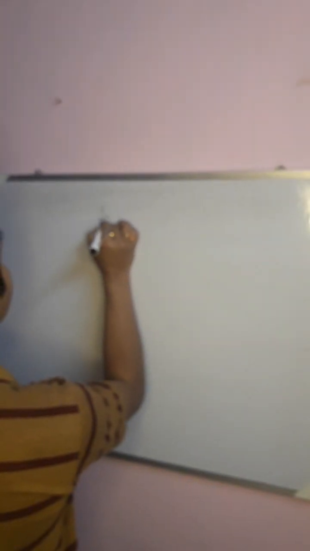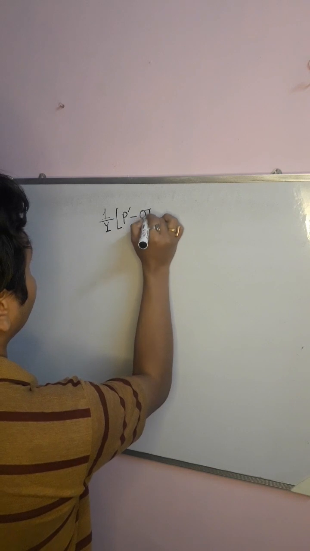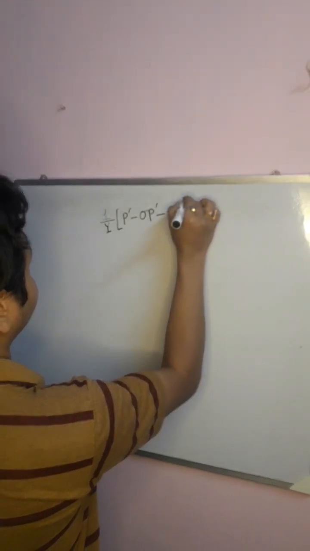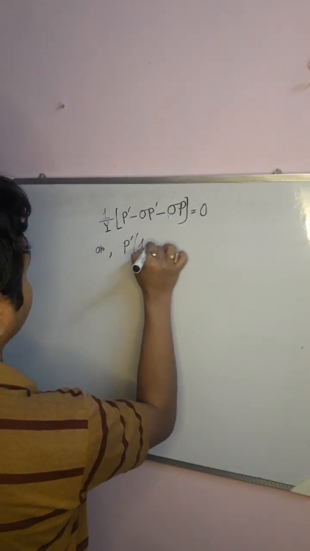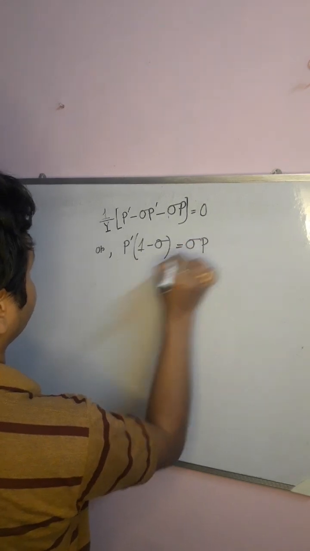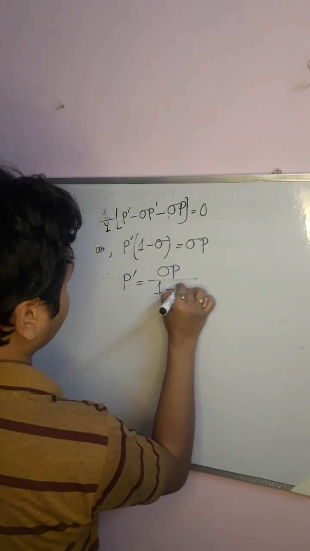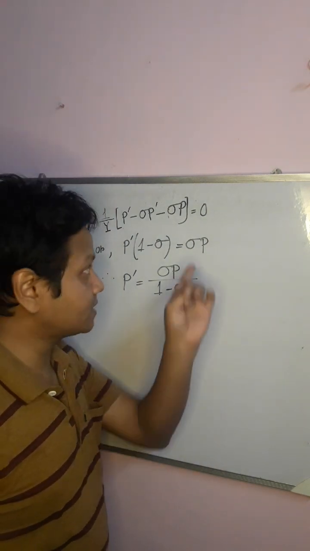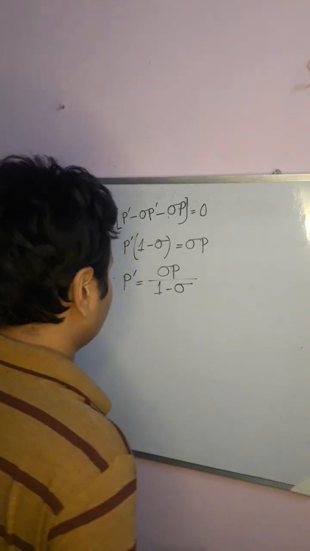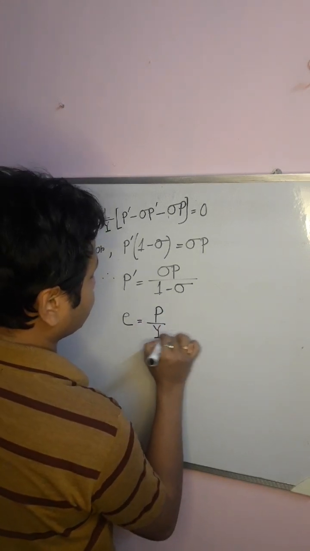So if we set this term to 0, we can express P dash in terms of P. This is the value of P dash. Now if we put the value of P dash in E, what will be the strain along the x-axis?